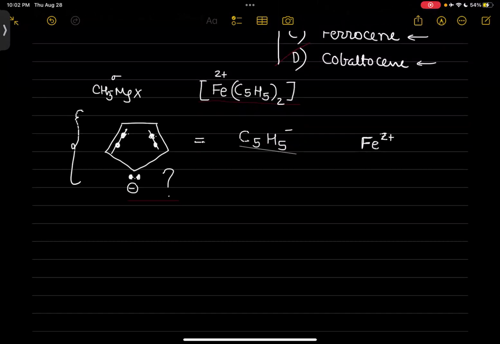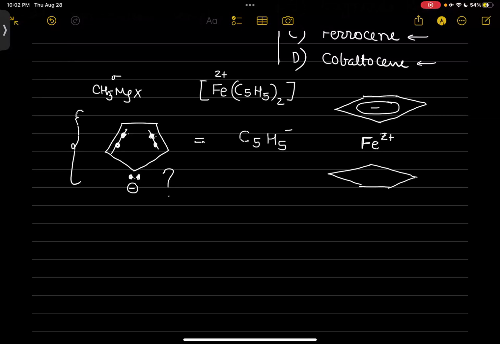So you have iron 2 plus, and this ring, I'm going to make a circle and put a negative charge in the center because these 6 electrons are moving in a circular manner. They are in resonance. Is it clear or not?